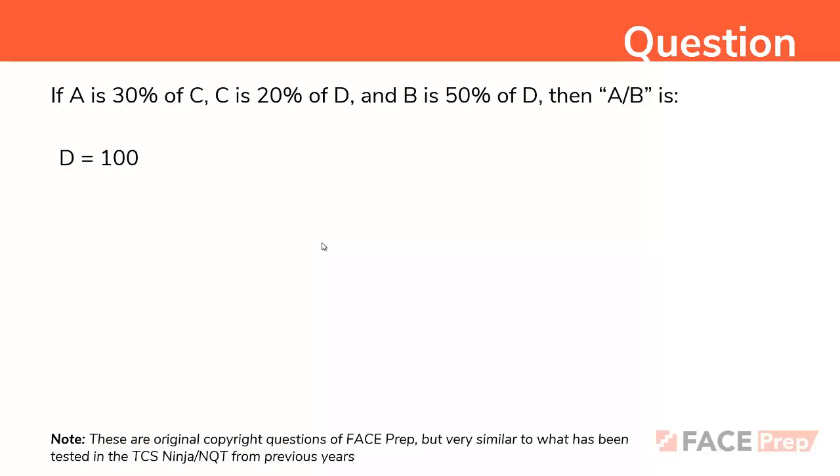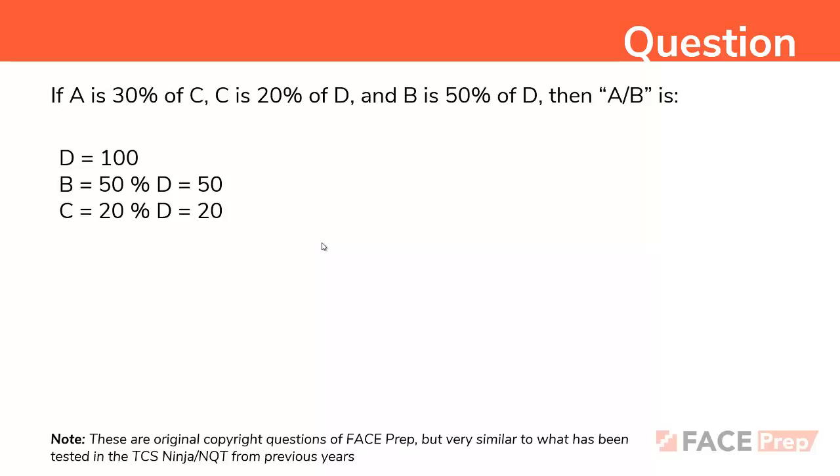B is 50% of D, and C is 20% of D. If I assume D as 100, my B and C values are easily calculated: B will be 50, C will be 20. From the question it is pretty clear, right? Hence I assume D is 100. I could have assumed A is equal to 100, but it complicates the whole thing. The smartness lies in how you pick your variable.